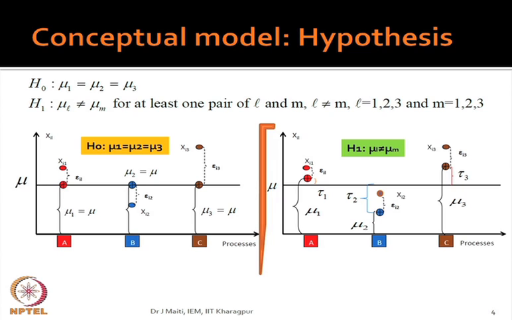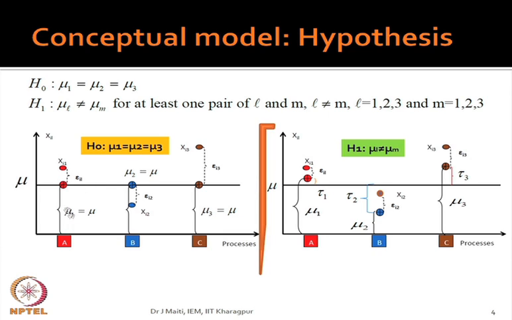Now, let us see what other parameters are available here. You see on the left hand side again, there is another parameter, which is epsilon il. This is the error quantity.